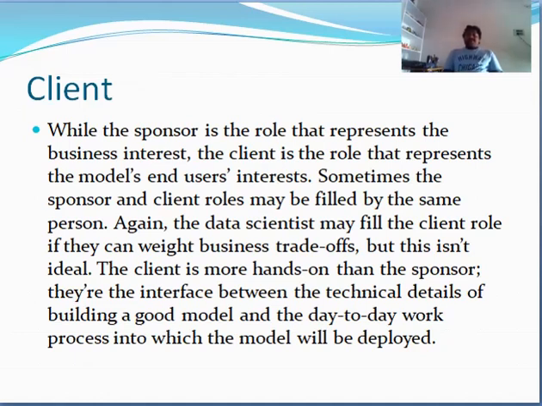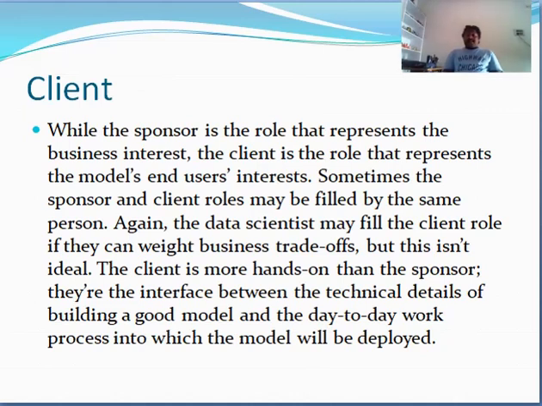Sometimes the sponsor and client roles may be filled by the same person. One single person plays two roles, either as a client or as a sponsor.